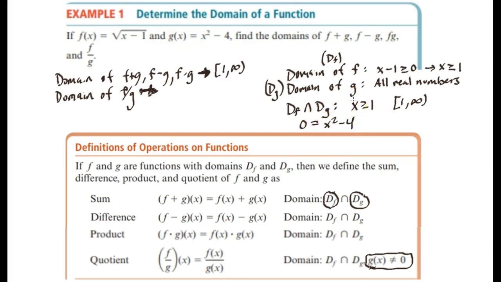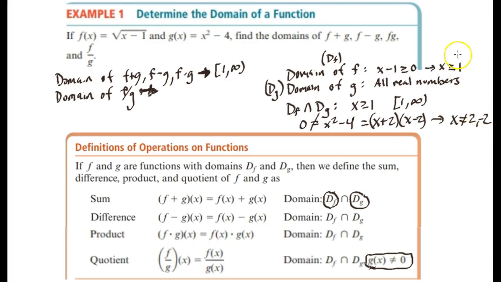We want it to not equal 0, and we can factor this into x plus 2 times x minus 2. So we know from this that x plus 2 times x minus 2 is not equal to 0. That means x cannot equal 2 or negative 2. So we have to take those out of our domain.